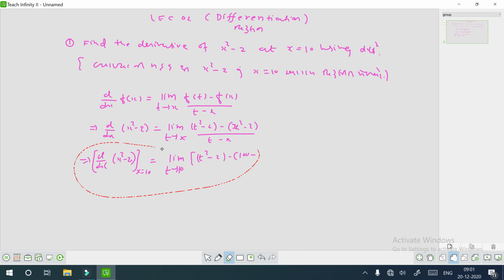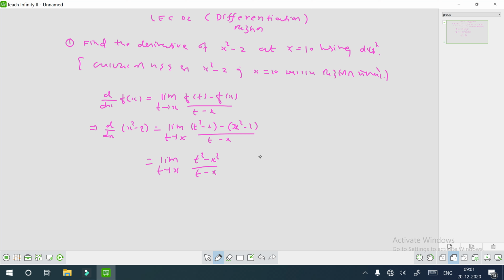We can substitute at last also. That is equal to limit t tends to x, t square minus x square over t minus x, that is equal to limit t tends to x, one of the factors gets cancelled, t plus x.